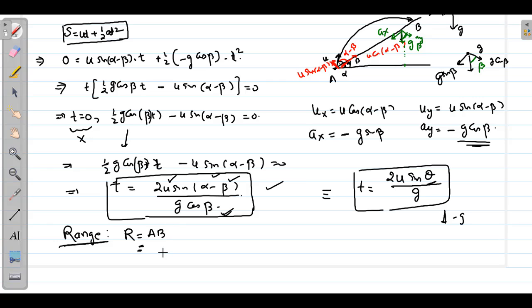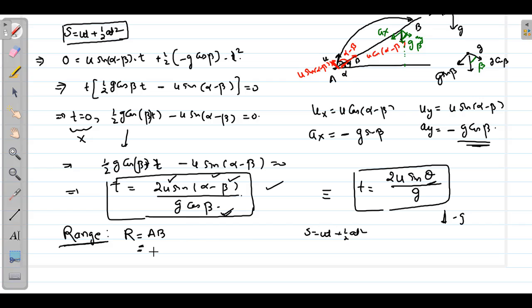So displacement along the x-axis, that is AB, is equal to ut plus half at square. We are using the equation S equal to ut plus half at square. Because displacement is in the positive x direction, it is taken positive.